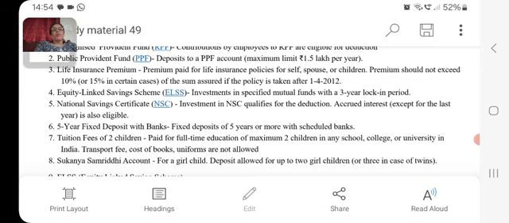5-year fixed deposit in banks, like if the amount is deposited in nationalized banks, scheduled banks, etc., for the period of 5 years, then he can claim deduction towards that. But if we deposit the amount for 5 years or 10 years in any cooperative bank or cooperative society, then he cannot take the benefit of Section 80C.